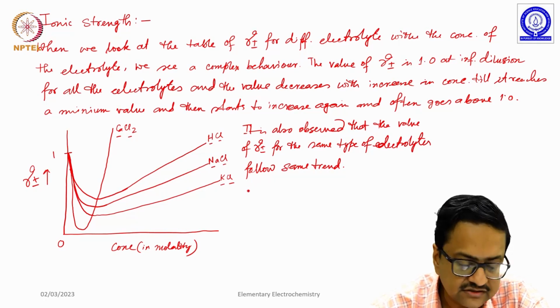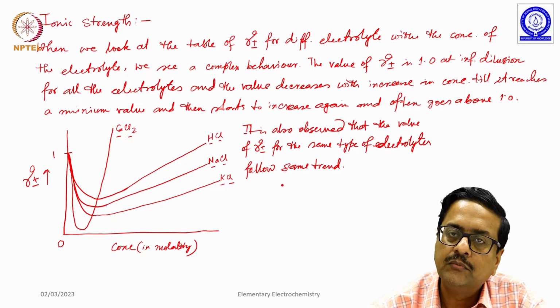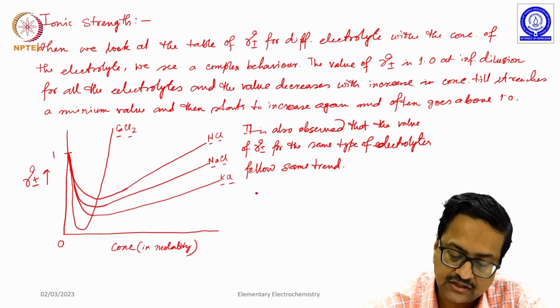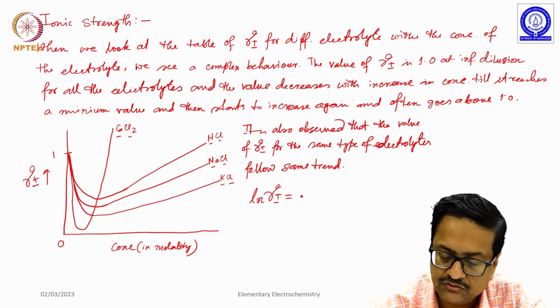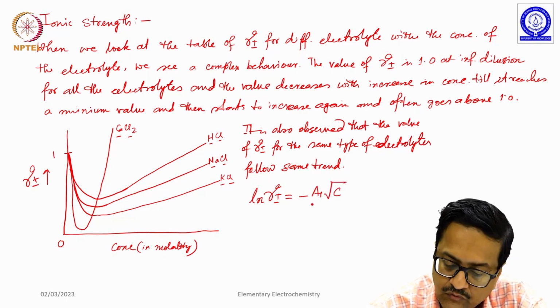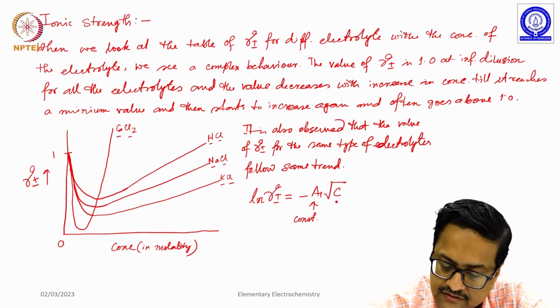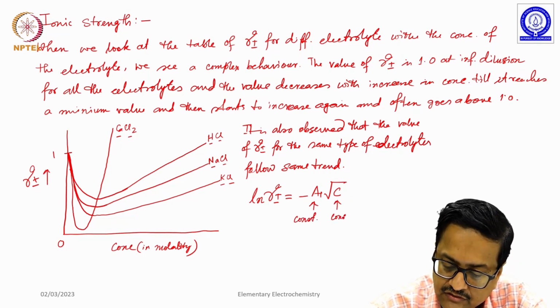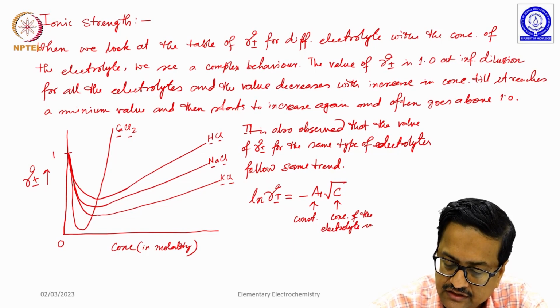So, an empirical relation for gamma plus minus versus concentration also was derived based on the experimental values that were observed, and that empirical relationship is ln gamma plus minus is equal to minus A1 into square root of C, where A1 is a constant and C is the concentration of the electrolyte in molality.